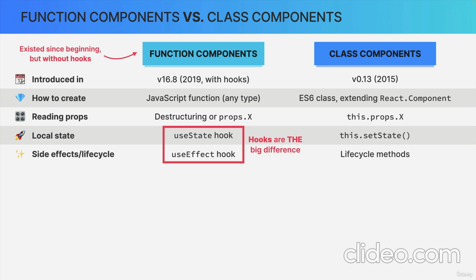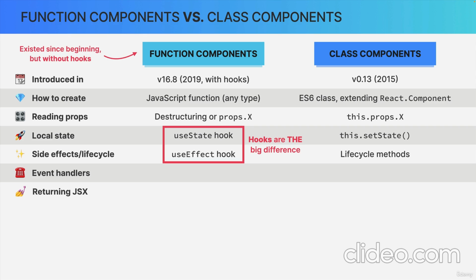But anyway, some smaller differences are in event handlers and in the way in which we return the JSX from our components. So in function components, we simply handle events with functions that we define inside the component function body, while in class components, we have to create a new class method for every single event handler.